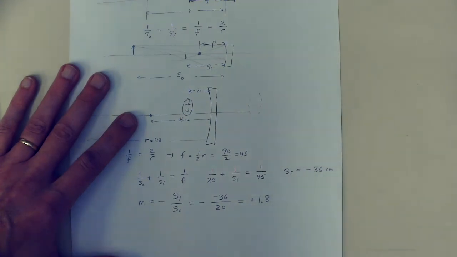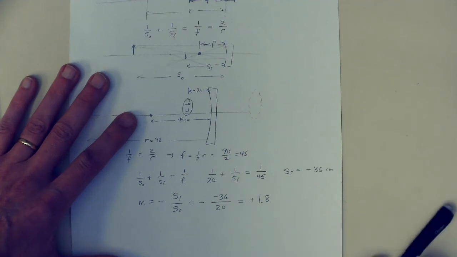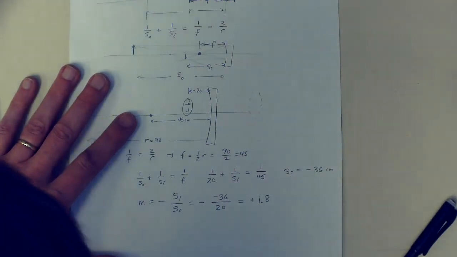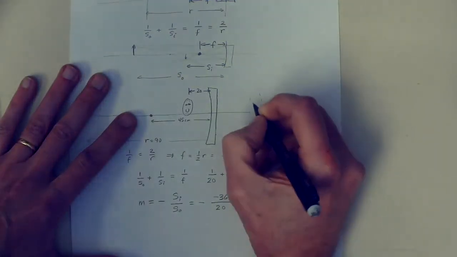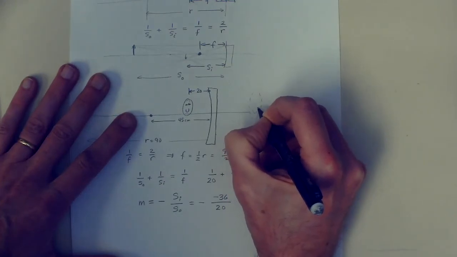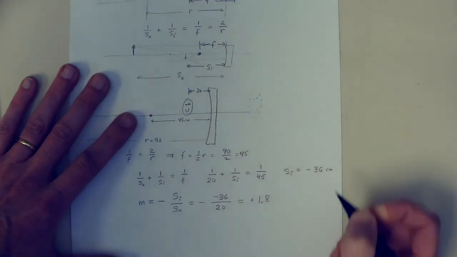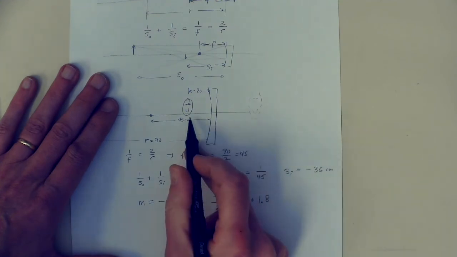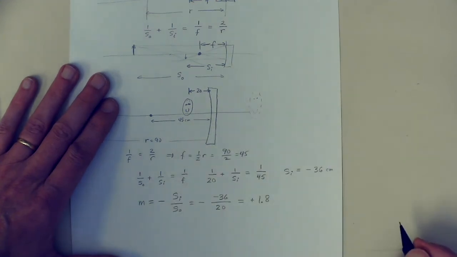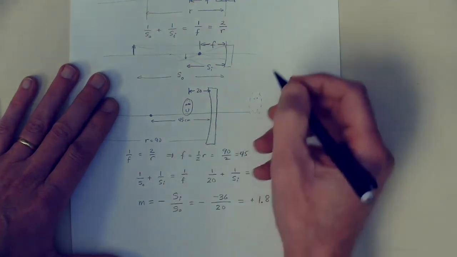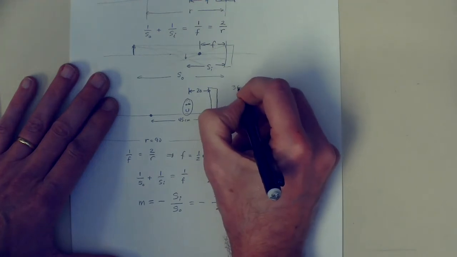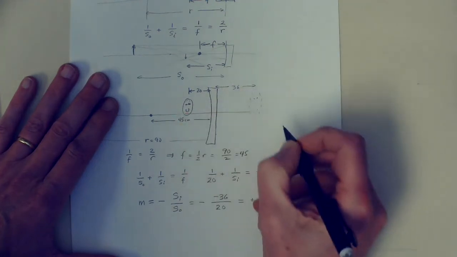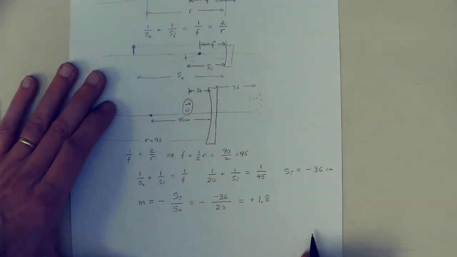These two minus signs cancel, and you end up with positive 1.8. Positive means it's right side up. This is not inverted. So our image is going to be back here, and it's going to be larger by a factor of 1.8, almost twice as large as the object. And it's going to be 36 centimeters behind. It's going to be that much larger.